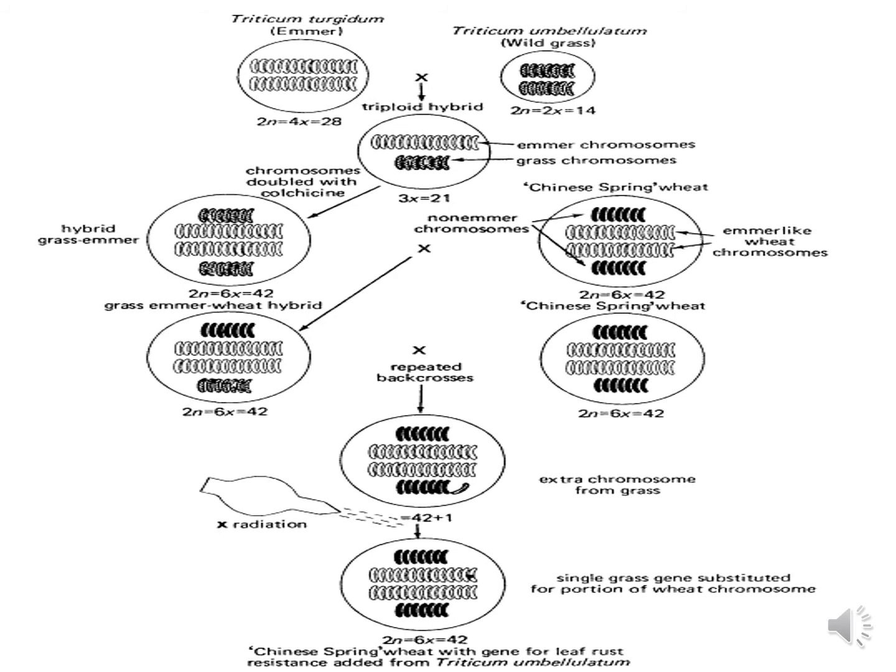The Triticum ampullatum was 2n equal 2x, which is 14, crossed with tetraploid Triticum turgidum, emmer. So the cross usually resulted in a triploid hybrid, which is 3x.